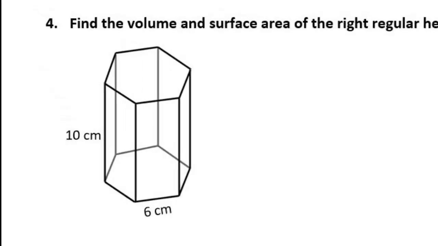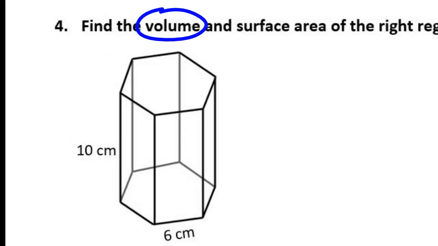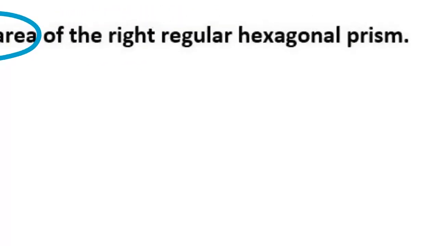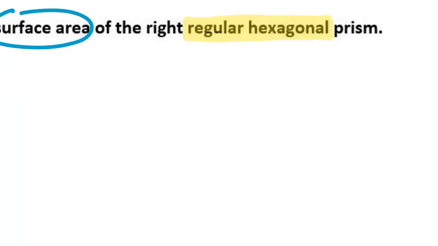We are going to find volume and surface area of, what is this shape? Yes, it's a right regular hexagonal prism. What does that word regular mean?